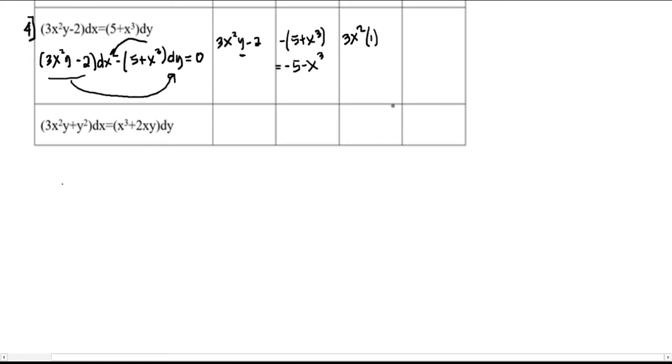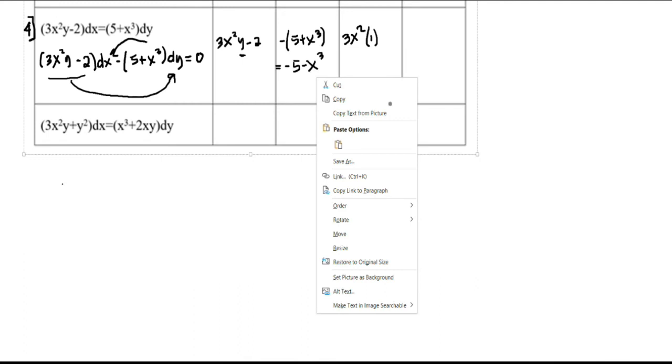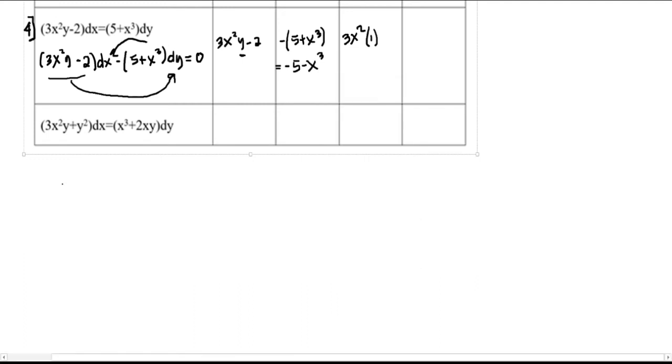Since this is with respect to x, our x is a variable. And the derivative of negative x cubed is negative 3x squared. As shown, our two partial derivatives are not equal, therefore, this is not exact.